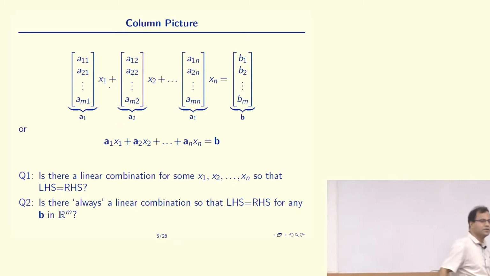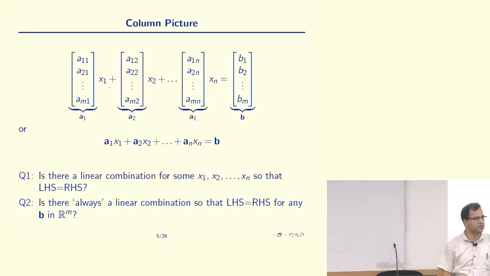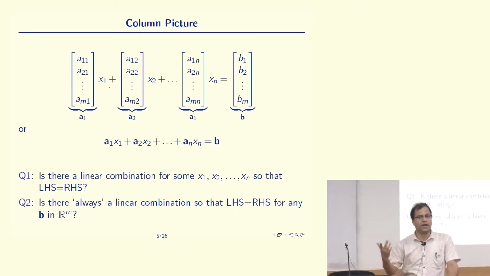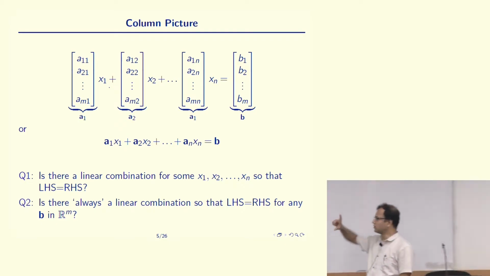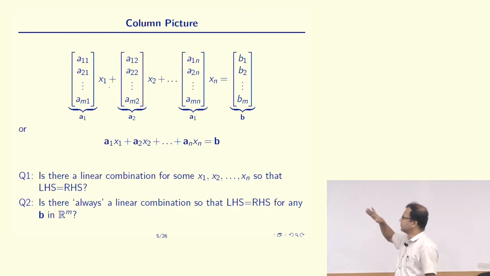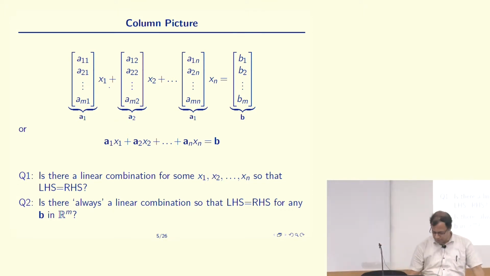That will lead you to the answer, whether this will have a solution or not. For that, you need to understand the basics of the vector space, how some set of vectors will generate, how much space it will generate. This will give you the answers to such kinds of questions that we ask in linear algebra.